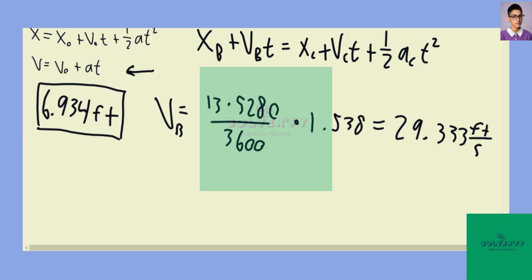In a similar way, just replacing that 13 with a 9, the velocity of the car would be 20.307 feet per second.